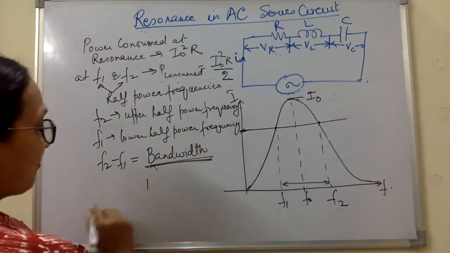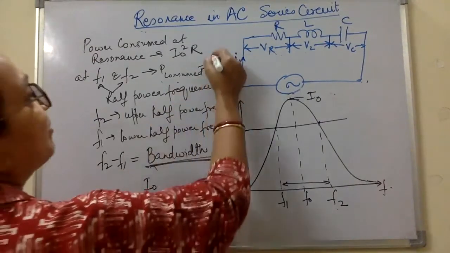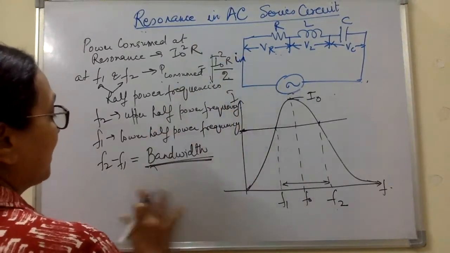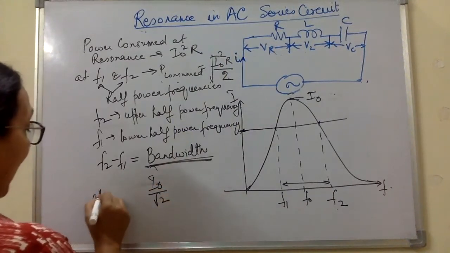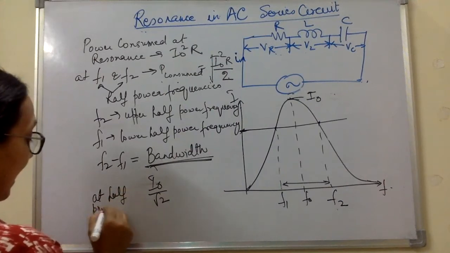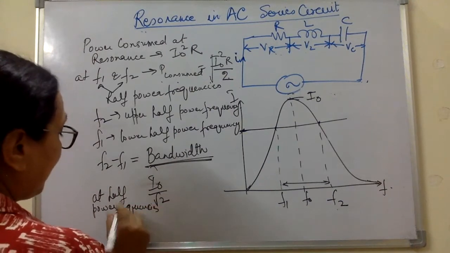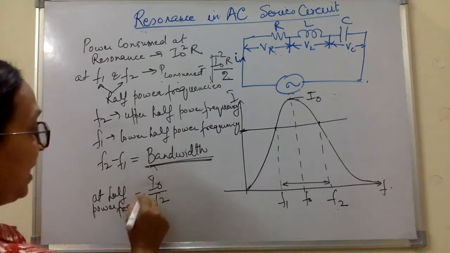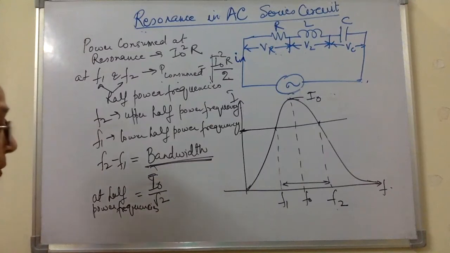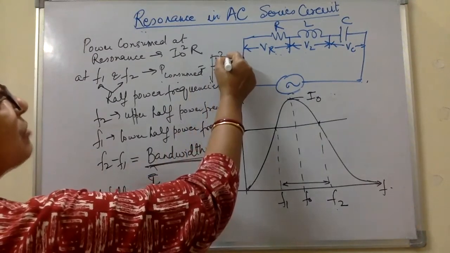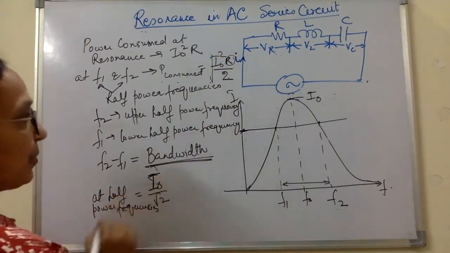So at half power frequency, if you take the under root of the given formula, the current will be I0 by root 2 at half power frequencies, because the current has to be reduced. When you take the under root of I0 square by 2, with R remaining constant, this becomes I0 by root 2.